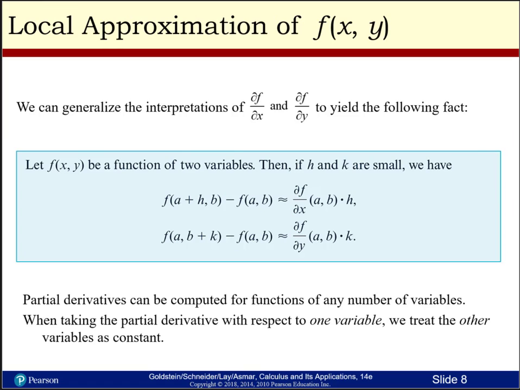So we can generalize the interpretations of the partial of f with respect to x and the partial of f with respect to y to yield the following fact. Let f of x, y be a function of two variables. Then if h and k are small, we have f of a plus h, b minus f of a, b is about equal to the partial of f with respect to x evaluated at a, b times h.